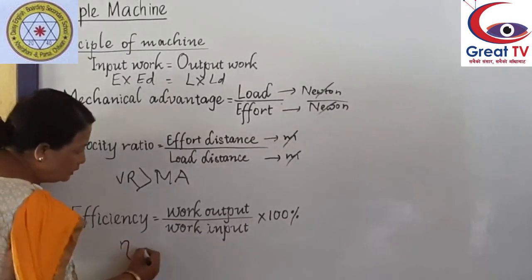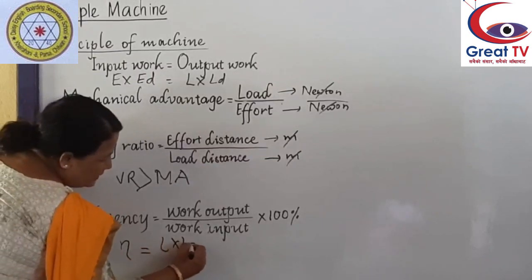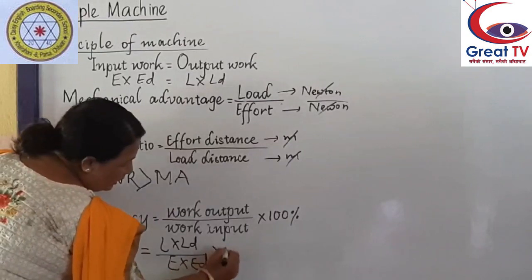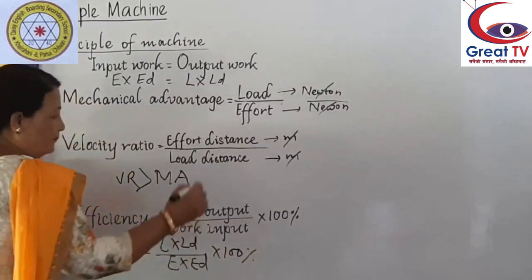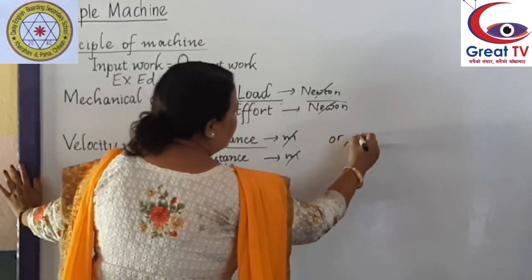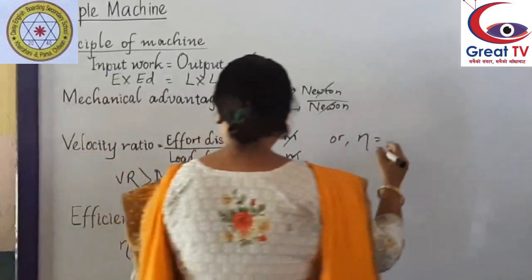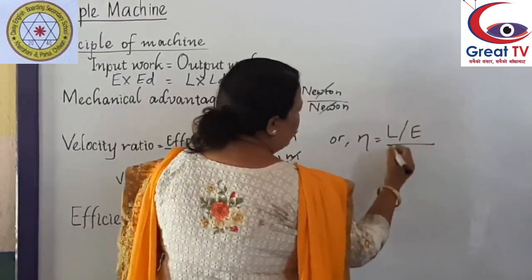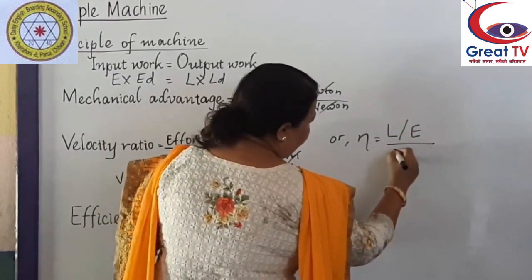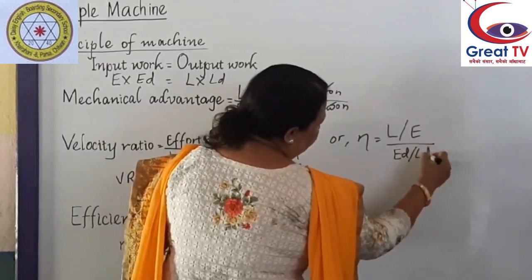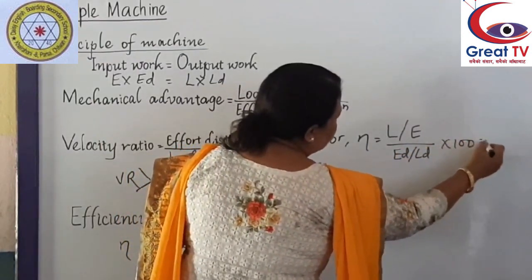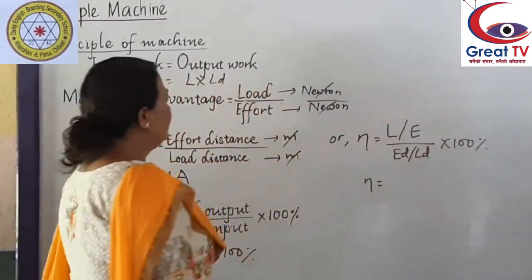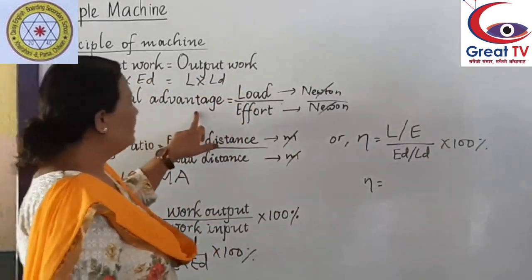So eta is equal to L into LD divided by E into ED into 100%, or eta is equal to load by effort divided by effort distance by load distance into 100%.